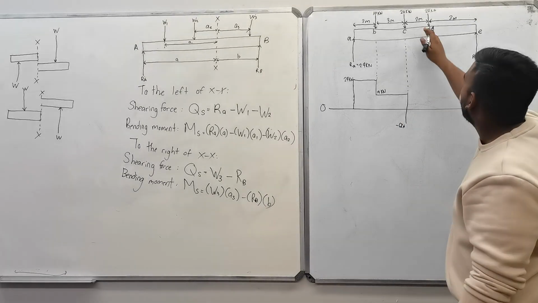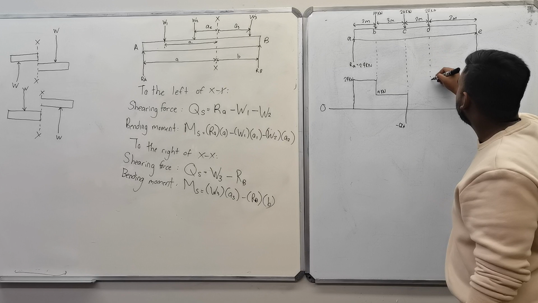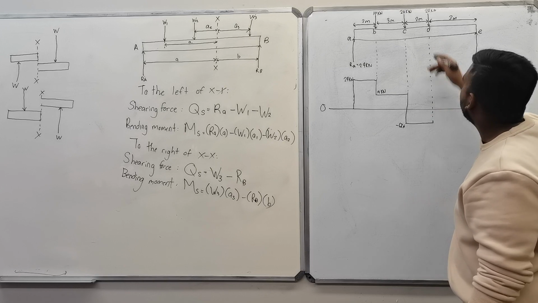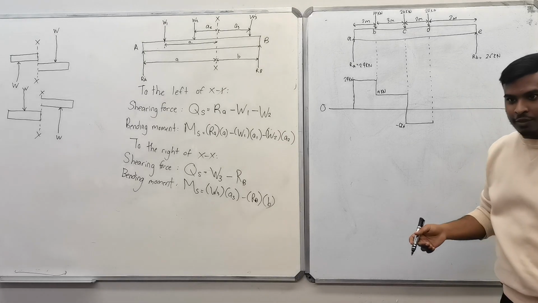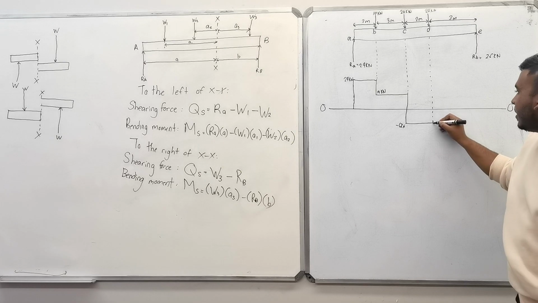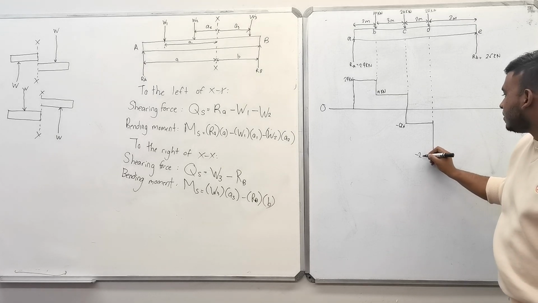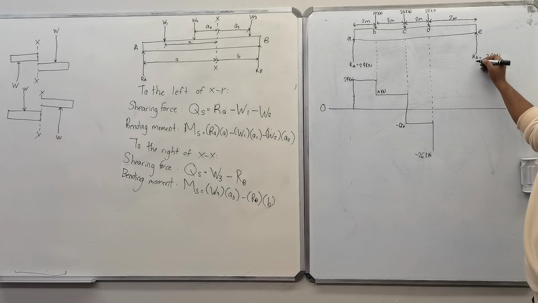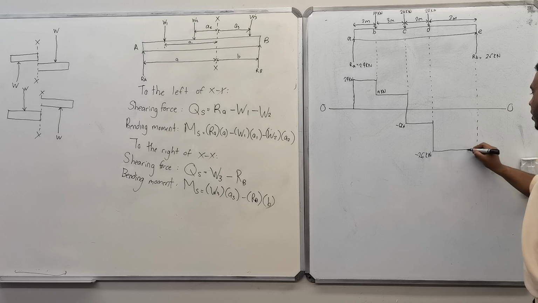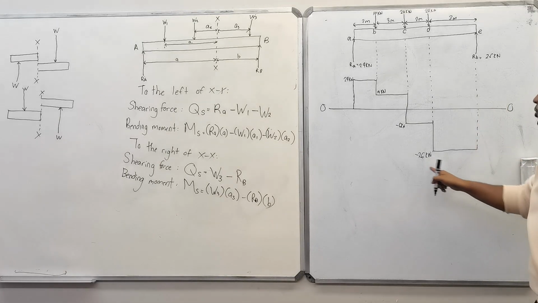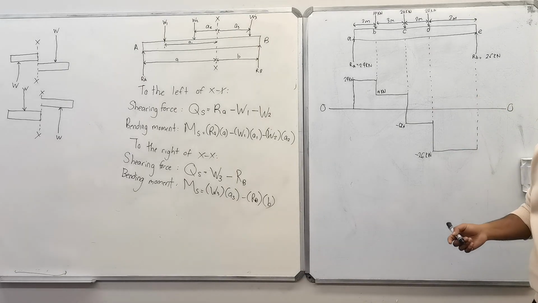That will continue for another 2 meters until the introduction of another force, a downwards acting force. So minus 6 minus 20 would be minus 26 kilonewtons. This would continue for another 3 meters until a positive force of 26 kilonewtons acted on it. So minus 26 plus 26 would take you to 0.